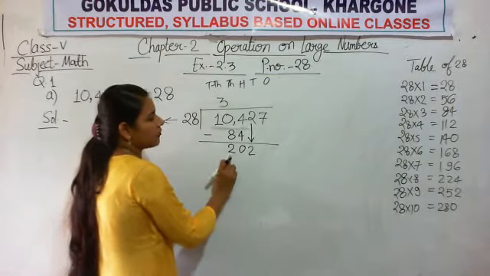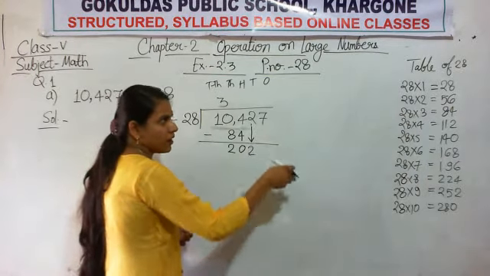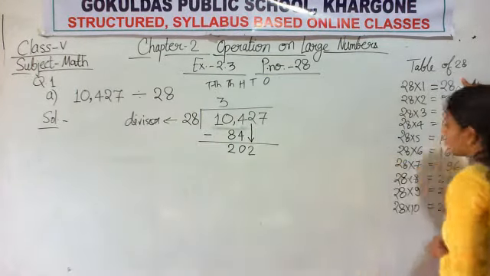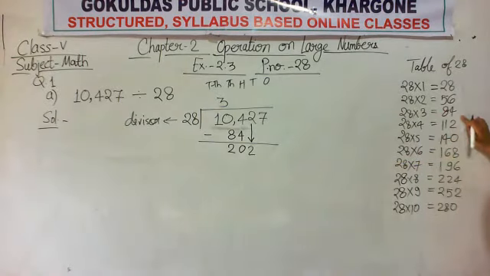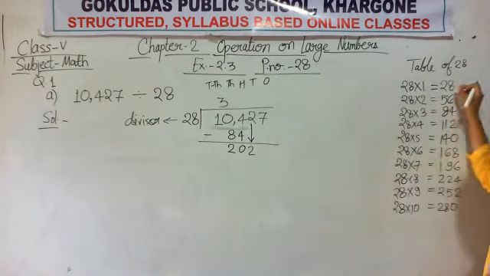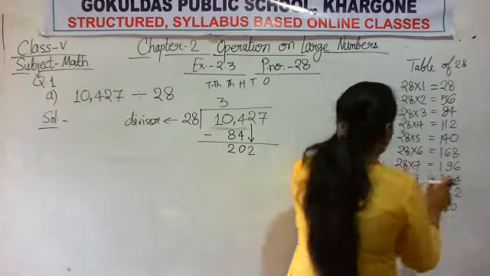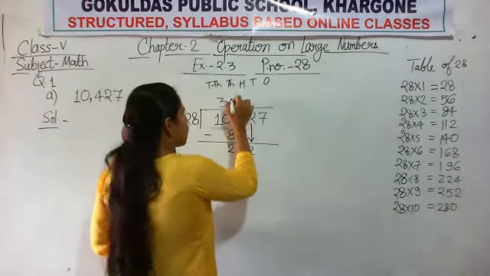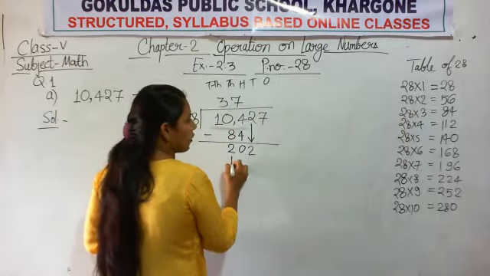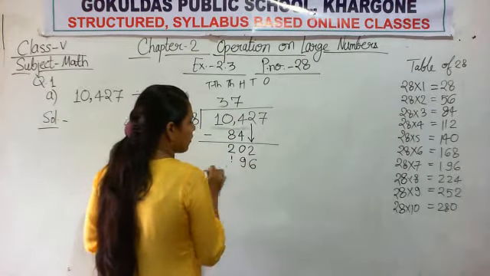Does 202 come in the table of 28? No. Is there any number lesser than 202? Yes, 196 is lesser than 202 and 196 comes in the 7th time. So you will write 7 over here and 196 over here.